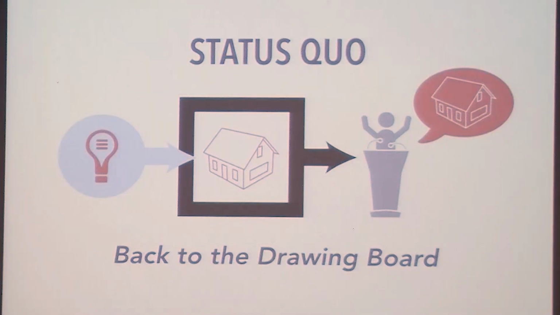We often grouse about clients changing their minds, but I see that as just a byproduct of not great communication up front. And so that imperfect communication will lead to going back to the drawing board. If you hear the phrase, one step forward, two steps back, you can get a lot of that in the design process. So that's the status quo.